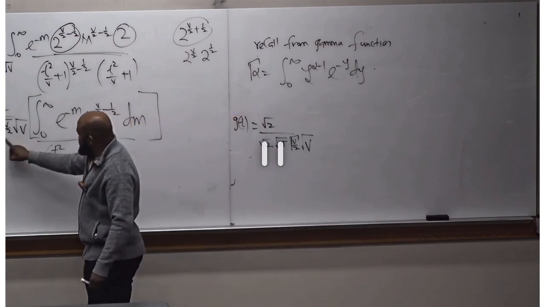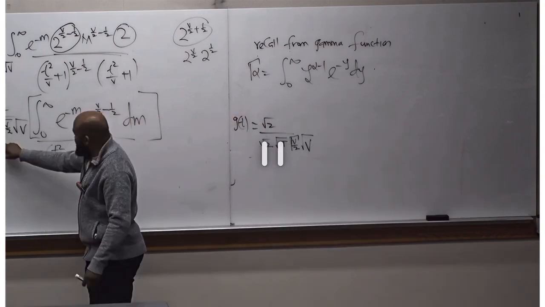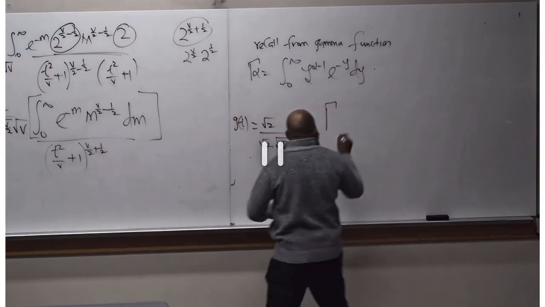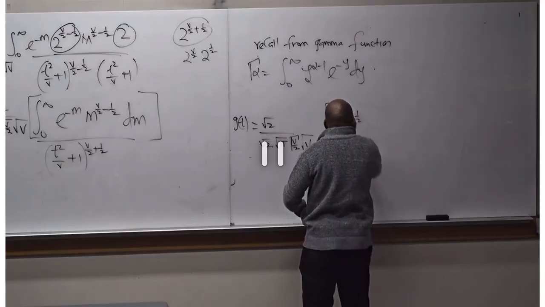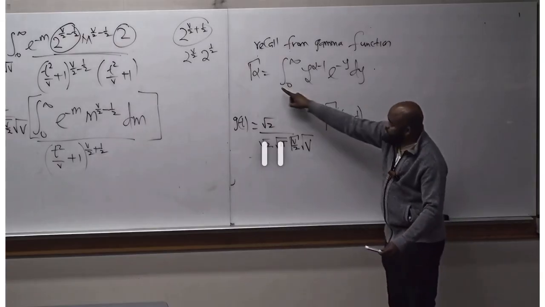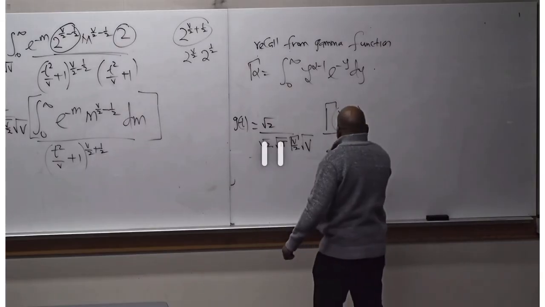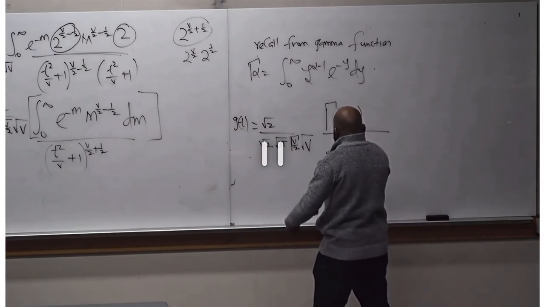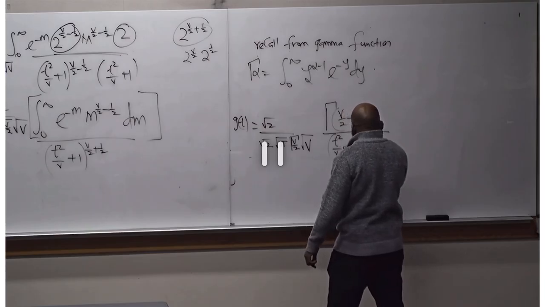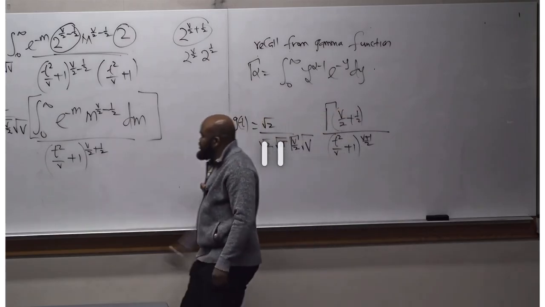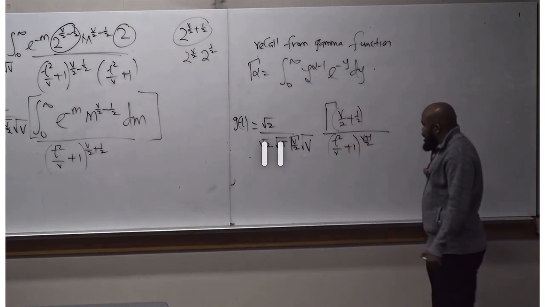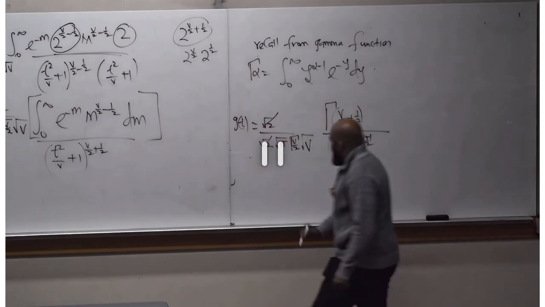So then here, I'm going to say gamma v over 2 plus half. The whole of this guy becomes gamma v over 2 plus half, if you recall from gamma function, now divided by t squared over v plus 1 raised to power, I can write this as v plus 1 over 2. Now, I want to simplify this guy, and in simplifying, cancel that guy.